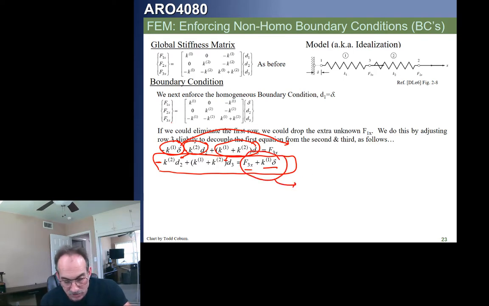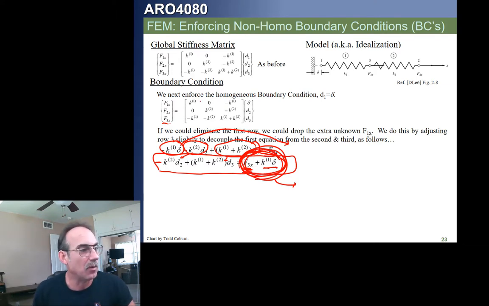Before we didn't know the force at 3, but now we may or may not have known it. But actually, by doing this, what we've done is we have lumped this into our unknown. So now we can solve this equation. So this force at 3 plus the k times the delta, lumping that together decouples this from the other equation. Let's take a look at how that works.